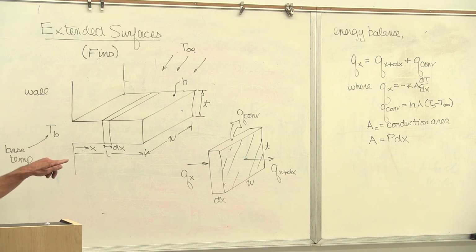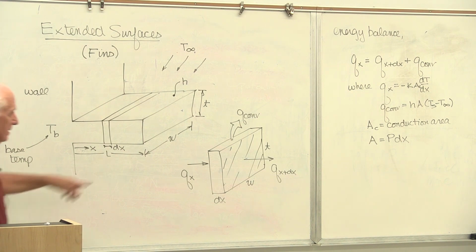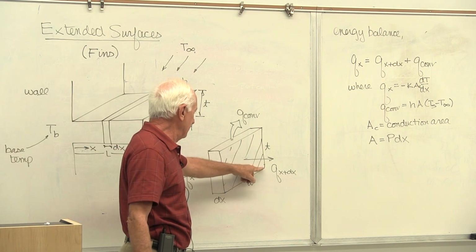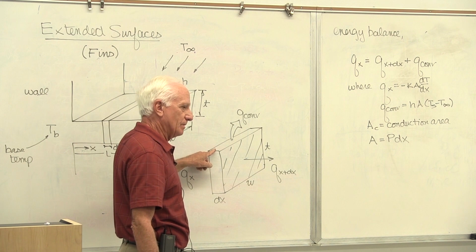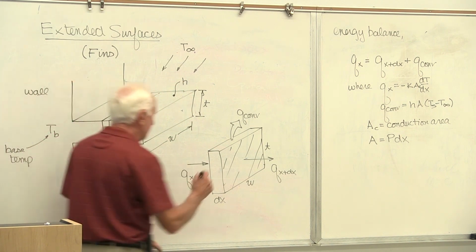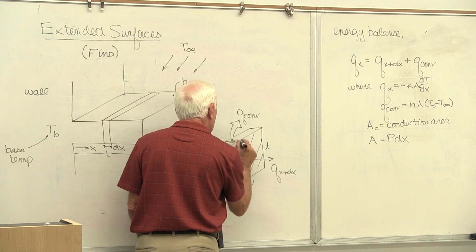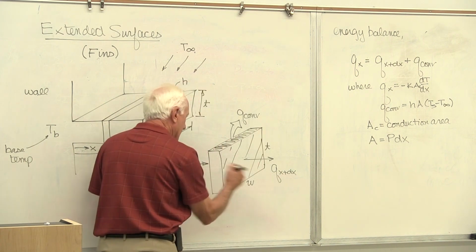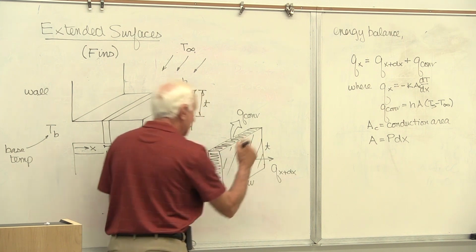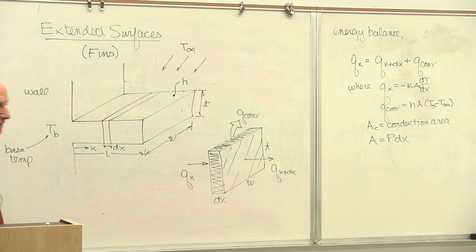In this particular problem, the perimeter of the fin is 2 times the quantity W plus T. Take your finger, go all the way around: W, T, W, T. That's the perimeter. The area for our convection is this area here, plus the bottom, plus this area here, the front, plus the back side. That's the area for convection.